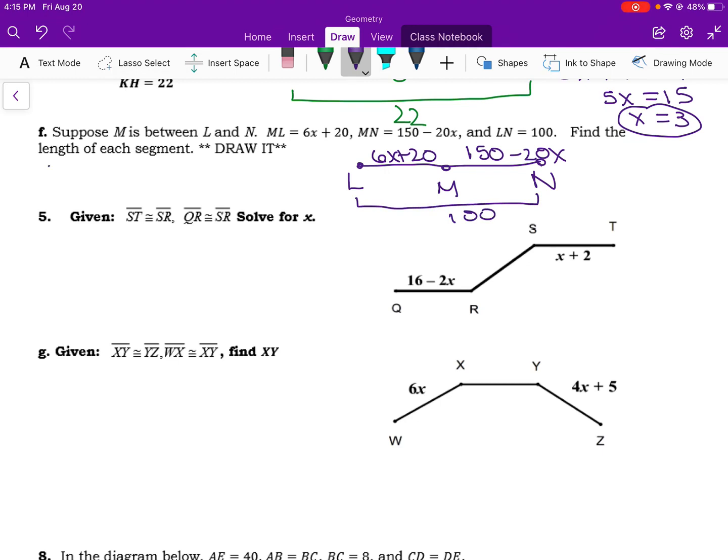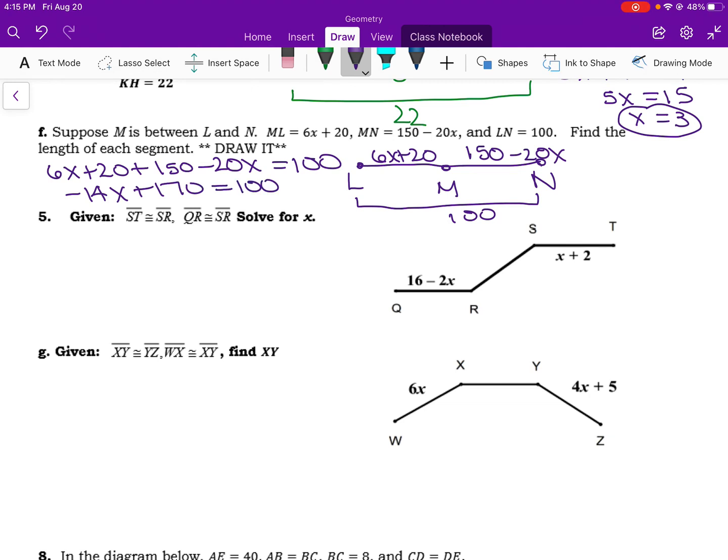So once again, we know that these segments have to add. So 6x plus 20 plus 150 minus 20x all equals 100. If I combine like terms, my 6x and my negative 20x make a negative 14x. My 20 and 150 make a 170. This is all equal to 100.